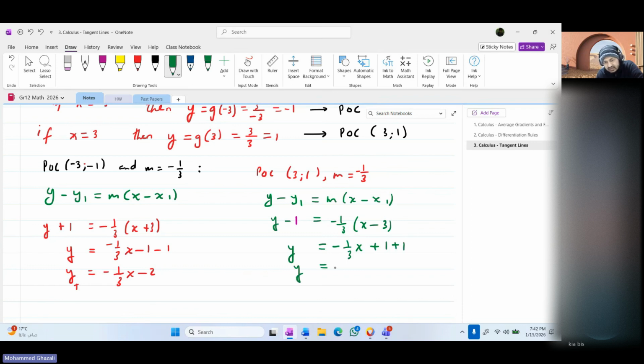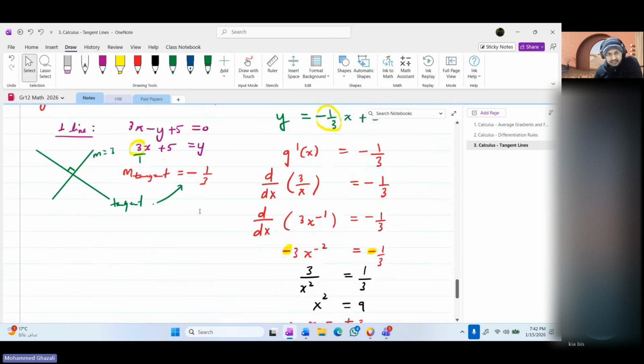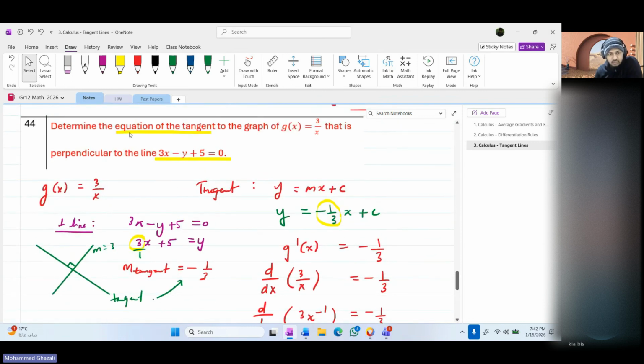So y is equal to -1 over 3x plus 2. That's what we have. So those are the two tangent equations with the same gradient, because remember what they said, it must be perpendicular.